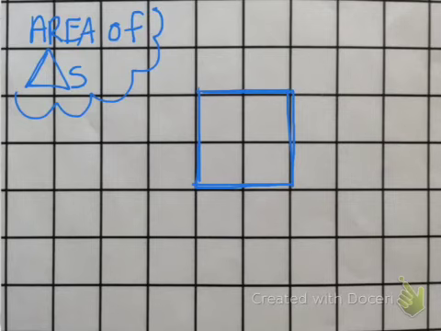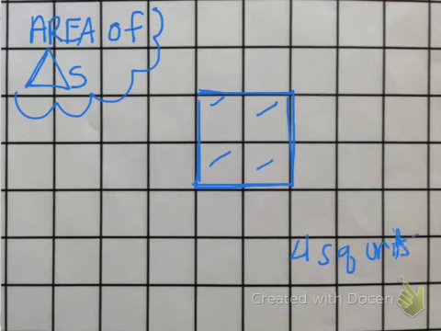First, you see here we have a square, and that square is made up of units. So we have 1 unit here, 2 units there, 3 and 4. So this is actually 4 square units. Okay? We also could do it another way.